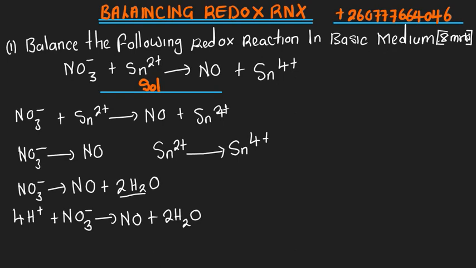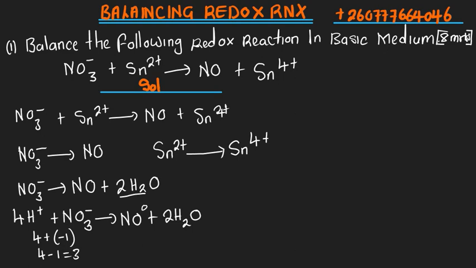What are we remaining with? We need to balance the charges. We've got a 4 plus this side, and then we've got this -1 on the nitrate. This side we've got a 0, there are no charges. So we are going to have 4 minus 1, and that gives us a 3.